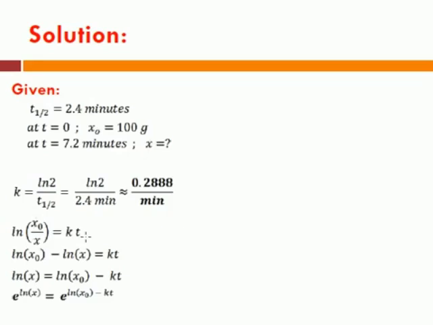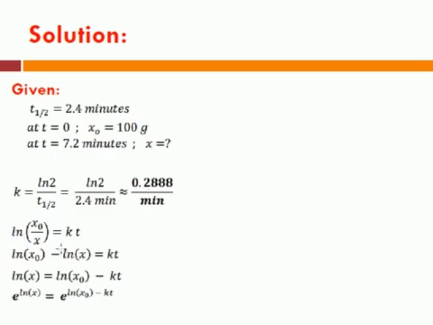We have x sub o. X is unknown. We have the half-life, but we don't have the K. The formula for K is equal to ln 2 divided by the half-life. So we have ln 2 divided by 2.4 minutes, which is approximately equal to 0.2888 per minute. So we have the value of K here.